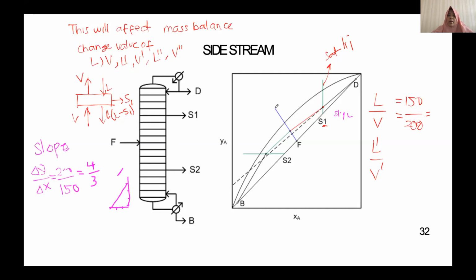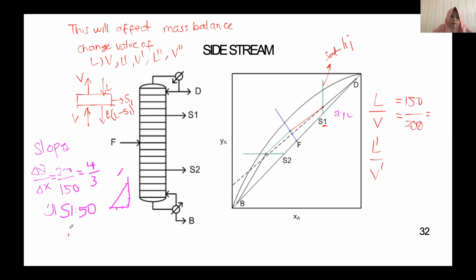Okay, so now you withdraw the liquid, yeah. For example, you withdraw the liquid there. So what happened? Let's say you withdraw a side stream of 50.